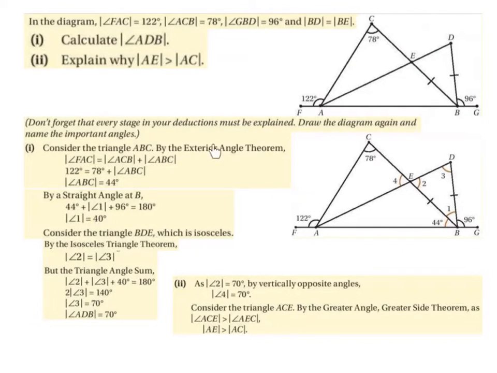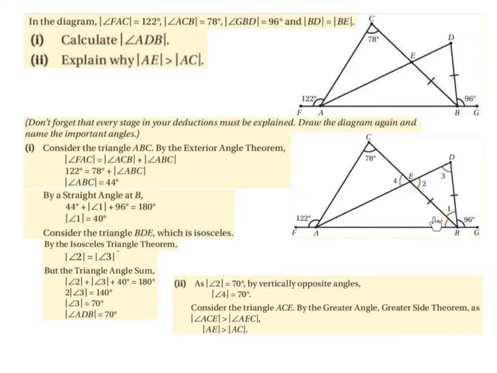This is because an exterior angle of a triangle is equal to the sum of the opposite two angles. So 122 degrees is equal to 78 degrees plus 44 degrees. By a straight angle at B, we have a straight line. We already know that this is 96, and we've just figured out that this is 44. The three angles together give 180 degrees.